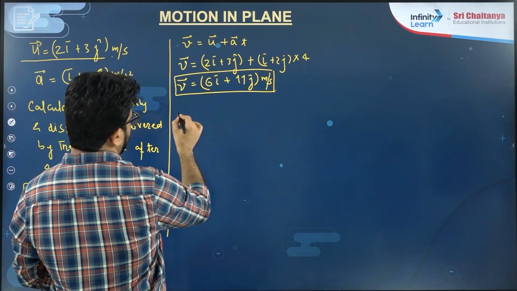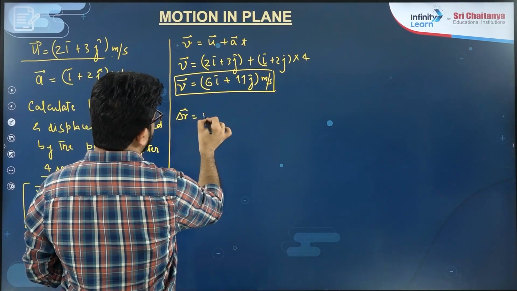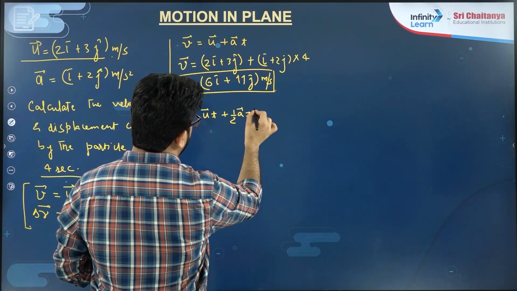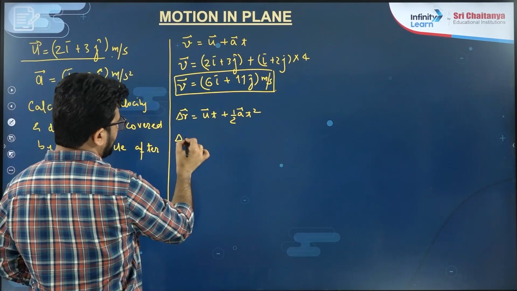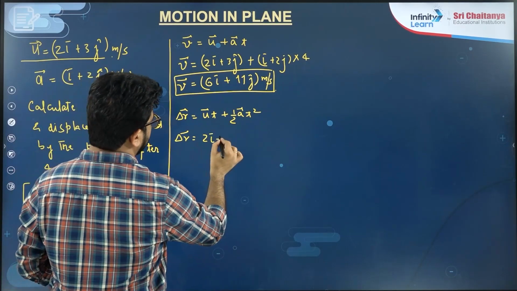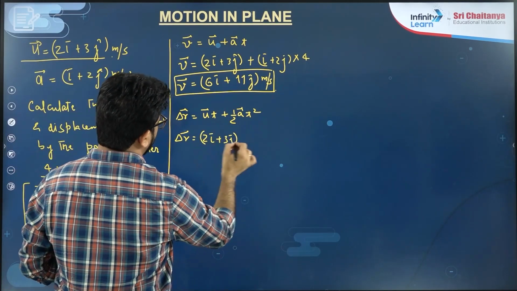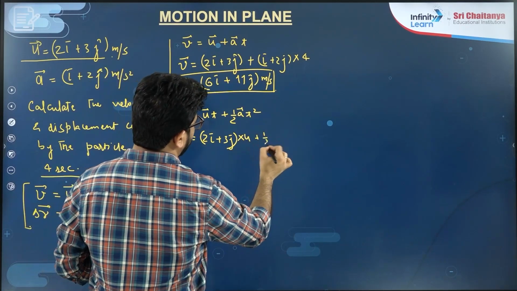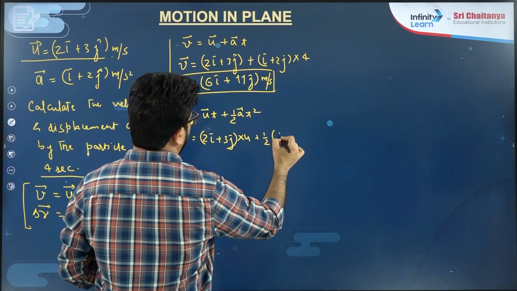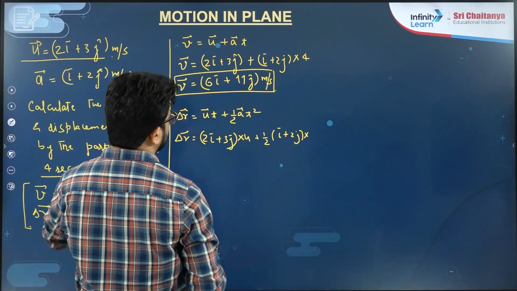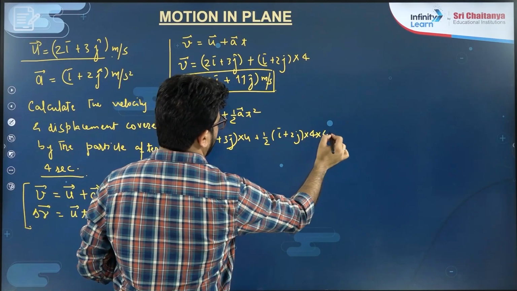Second is the displacement. So delta r would be ut plus half at square. What is u? u is again given to you, 2i plus 3j, and time is 4, plus 1 by 2, acceleration again i cap plus 2j cap, and time is again 4, so you can use 4 into 4.